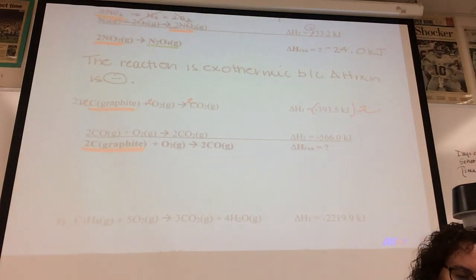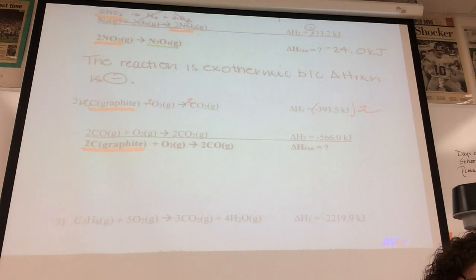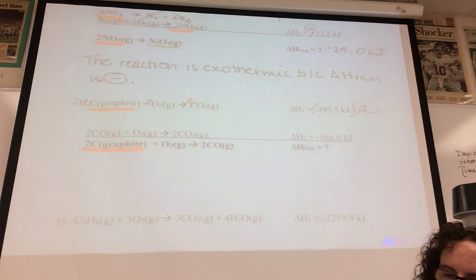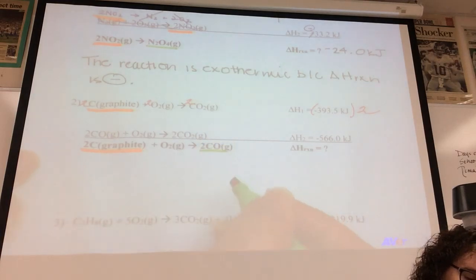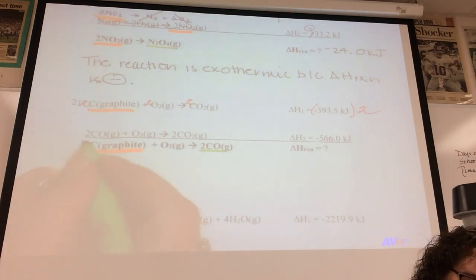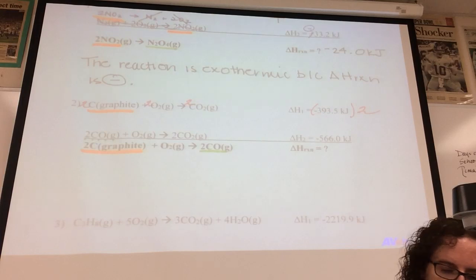Now the oxygen is a little bit all over the place. I'm not going to touch it yet because I'm not really feeling like I'm going to drive that home easily. I'm going to jump to the product. I've got 2 carbon monoxide. Where is that? It's on the left. The coefficient matches, but what do I need to do with that equation?